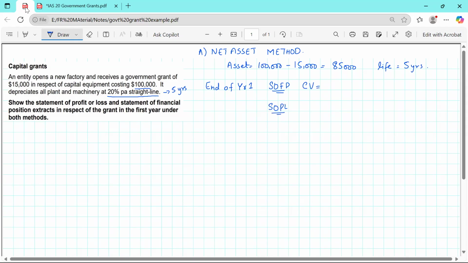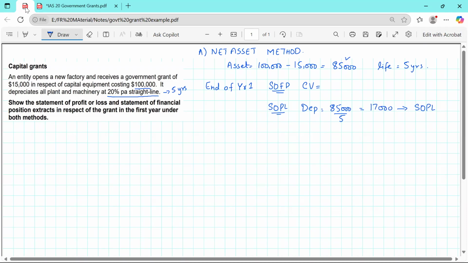Now look, what would be the depreciation? The cost divided by useful life, right? 85,000 divided by 5, or you can simply say 85,000 multiplied by 20%, both will give you the same answer. So that will give you 17,000. 17,000 will be the depreciation charge in SOPL that you are going to deduct from SOPL.